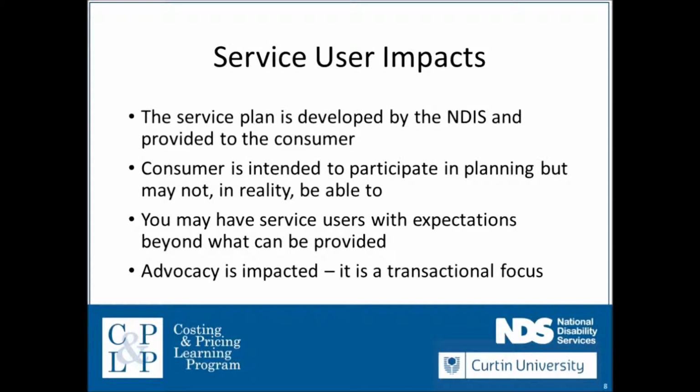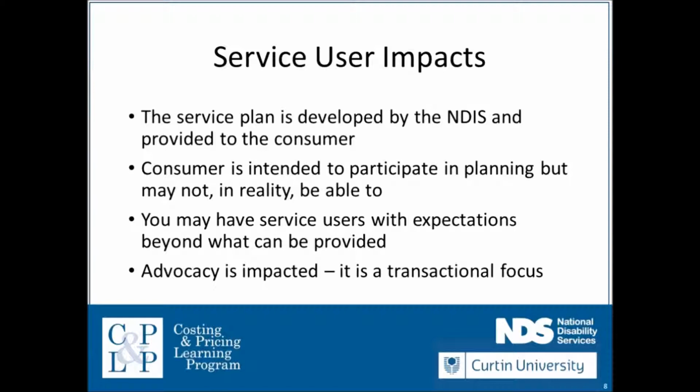Of course, there is also likely to be some service user impacts as a result of the NDIS. The service plan itself, for instance, is developed by the NDIS and provided to the consumer, as I'm sure many carers and supervisors would be aware. However, there is no, at this stage, prospect for service providers to be involved in that process, and sometimes consumers don't actually understand what it is that they might be requiring and more fully may not actually appreciate how the system works.